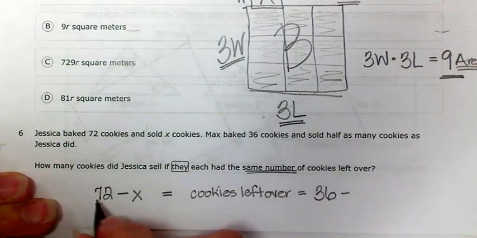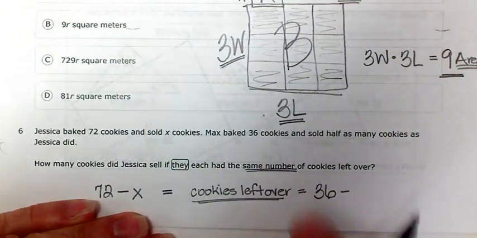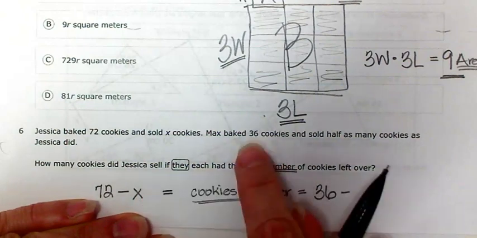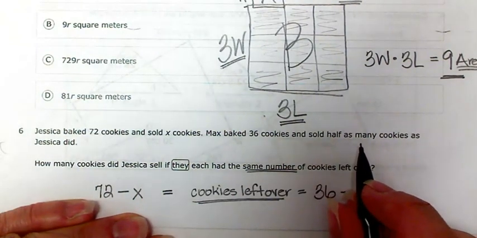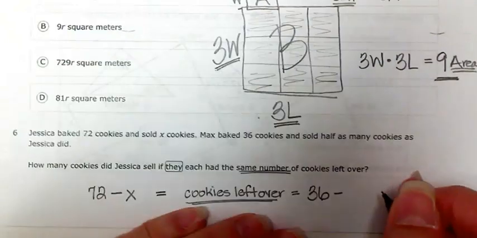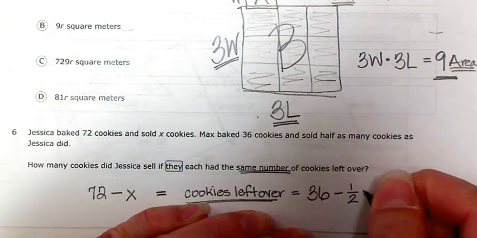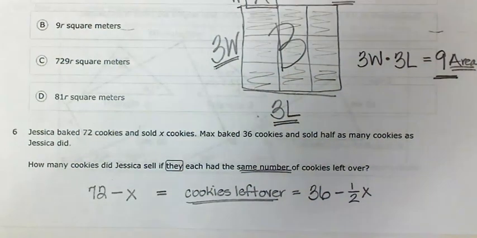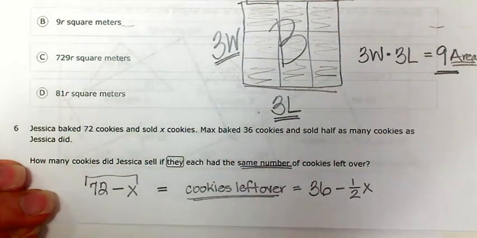And so 72 minus whatever she sold is the number of cookies she has left over. Max only baked 36 cookies, and he sold half as many cookies as Jessica did. So what he sold is 1/2 of what she sold. Okay, now here's what Jessica did, equals however many cookies left over.